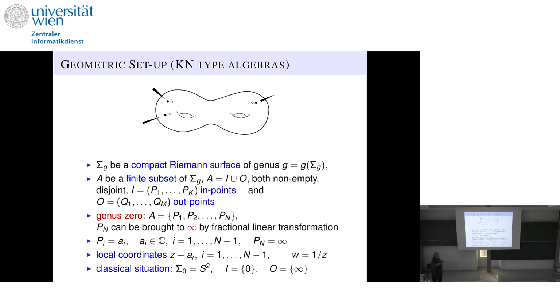One point, let's call it the last point, can be brought to infinity by a fractional linear transformation. We talk about the Riemann sphere, so there is the point at infinity. The set A does not necessarily contain the point at infinity, but by a fractional linear transformation, which is just a conformal transformation of the situation, we can bring one point to infinity.